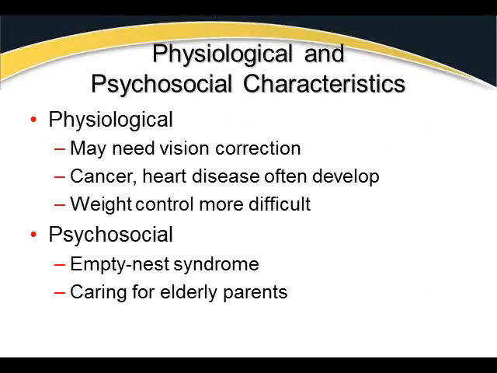Heart disease will often develop. We used to think heart disease was really something for the 40 and 50-year-olds of the world, and it's becoming even younger than that now, into early adulthood. But by the time you're starting to get into your 40s and 50s, there's a lot of probability here.